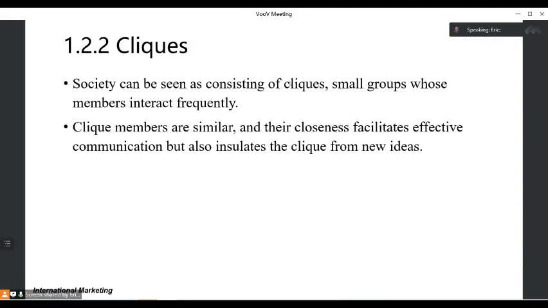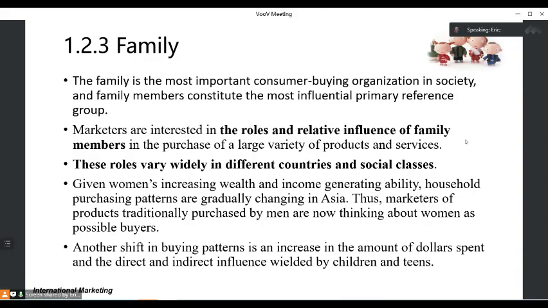Okay, let's move on. The third is about the family. It is easy to understand. Family members are important because you grew up with them. So the purchasing style of your family definitely deeply affects your consumer behavior.